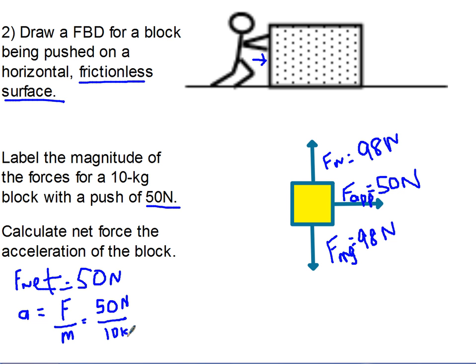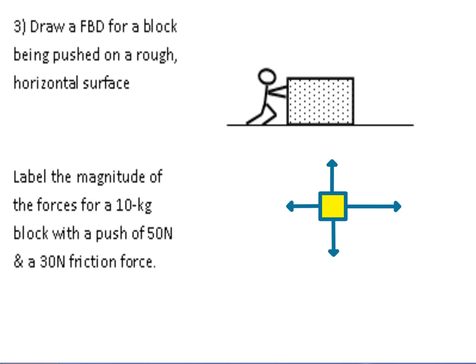So if we take 50 and divide it by 10, we're going to get the acceleration, and in this case that is 5 meters per second squared. And there we go. We'll do one more of these for you, and then we'll let you go ahead and tackle the rest of them.